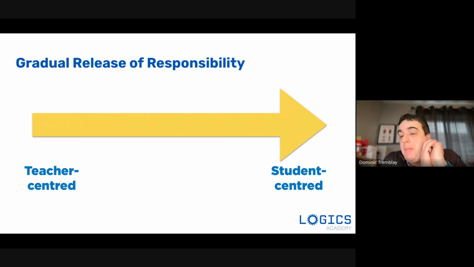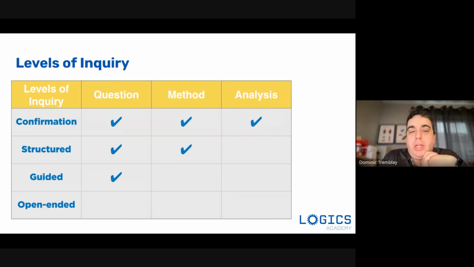Now, one thing to keep in mind is when you do inquiry, you want to have a gradual release of responsibility. So you start from teacher-centered and you move to student-centered. If you look at my chart here, confirmation inquiry is very teacher-focused, whereas open-ended is very student-focused. If you are grade 2 teachers, you may have to go with structured inquiry.